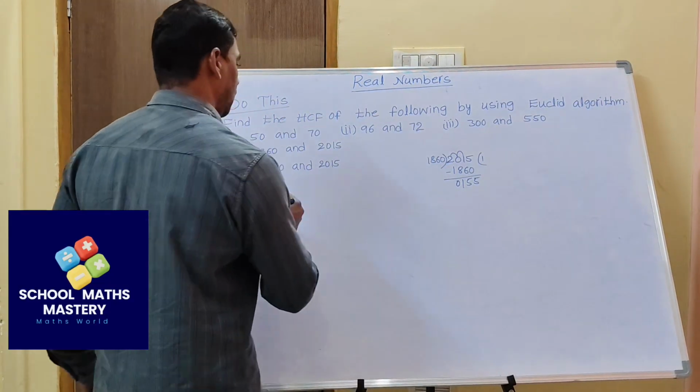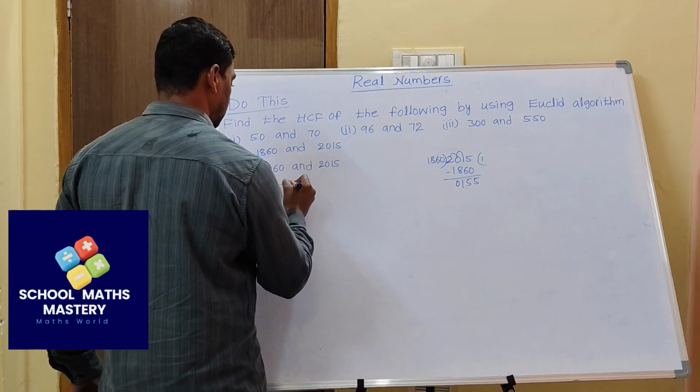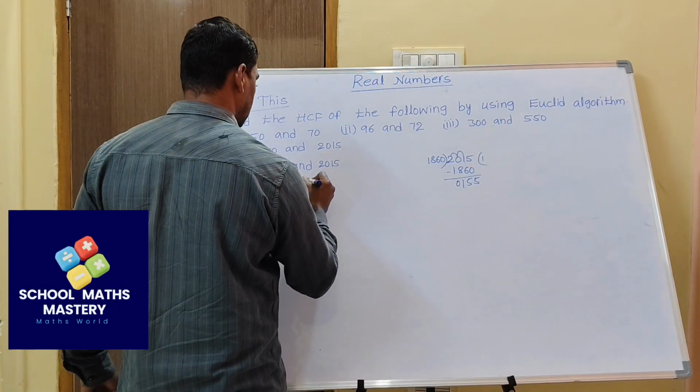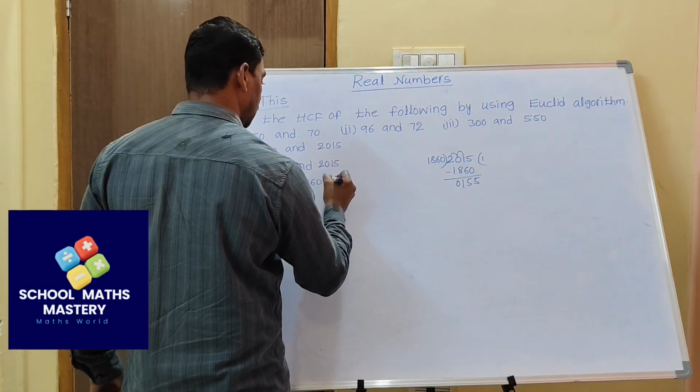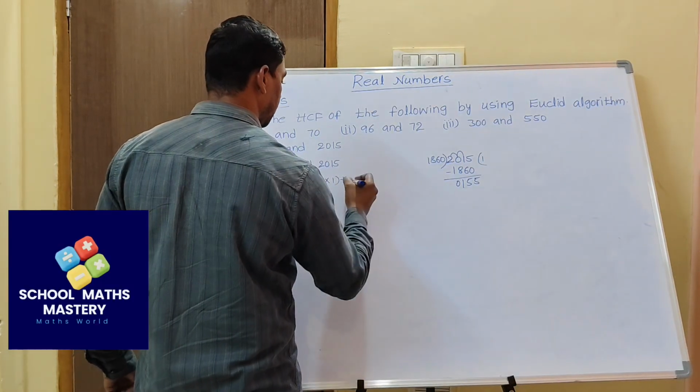Okay, now write 2015 is equal to 1860 into 1 plus 155.